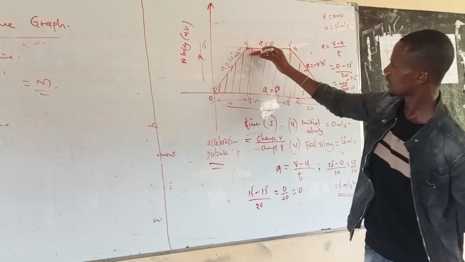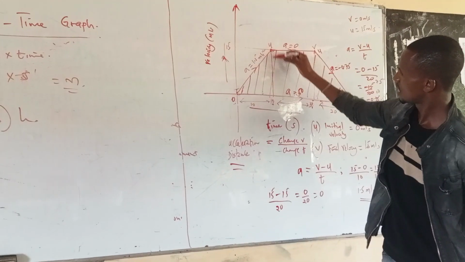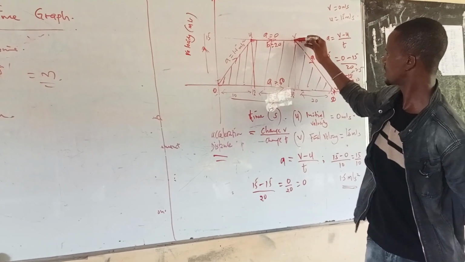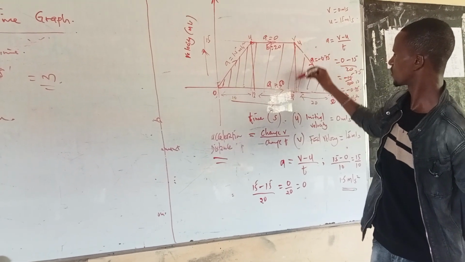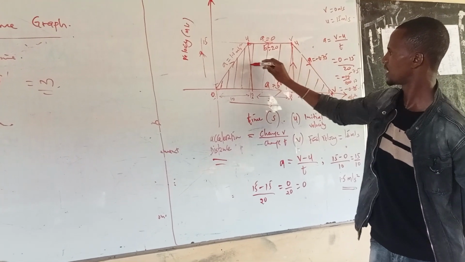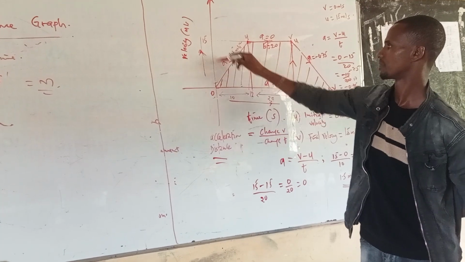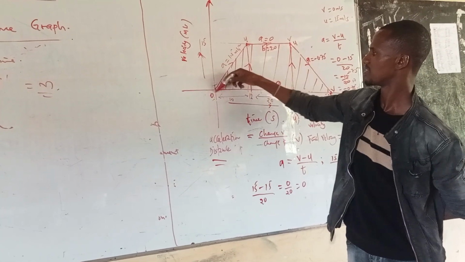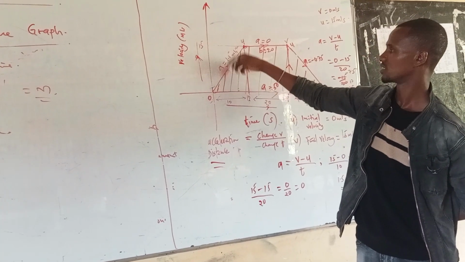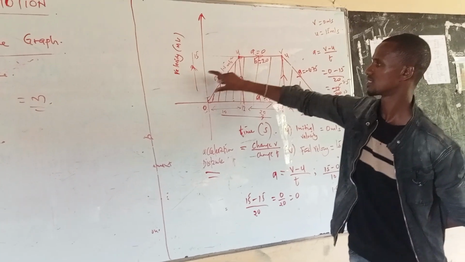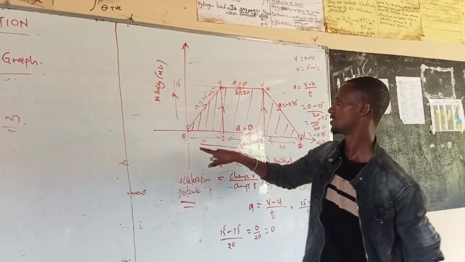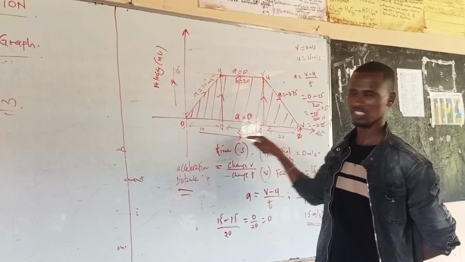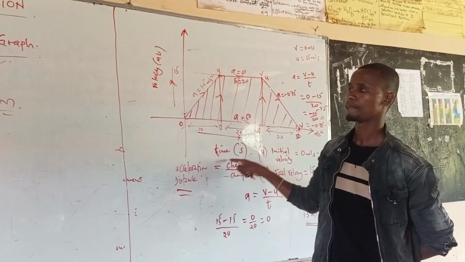What about our perpendicular height? It is given by velocity, because it is vertical displacement, which is represented by velocity. This one is horizontal displacement, which is represented by time.